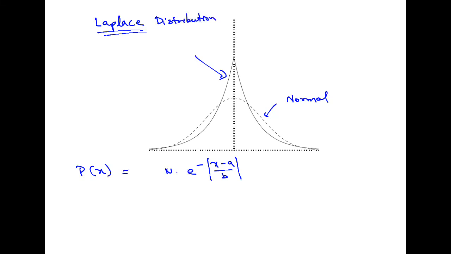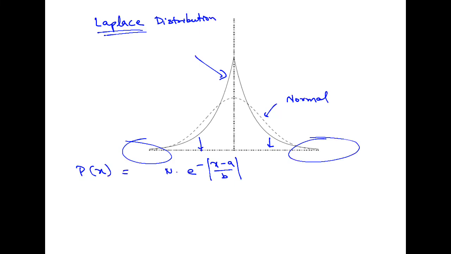Okay, so what happens with Laplace? When we are here, you can see that the probability values are kind of lower. But if you look at the tails towards the extreme right or the extreme left, when x is either very big or very small, then which of them will be higher, the Laplace distribution or the Gaussian or normal? Which of them will have a higher PDF value?